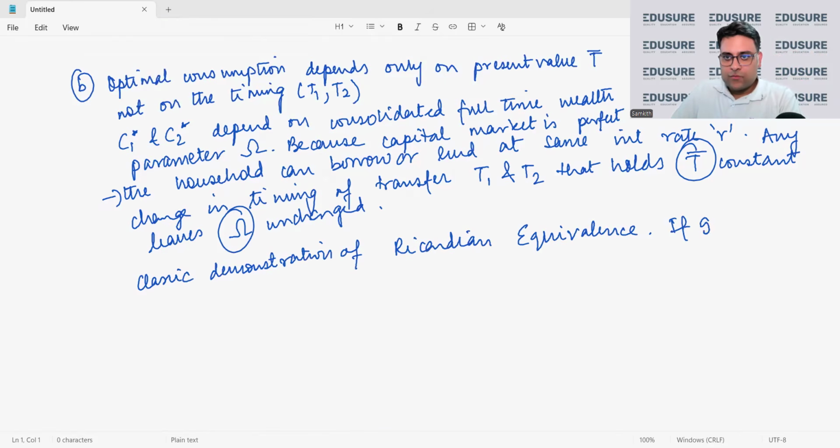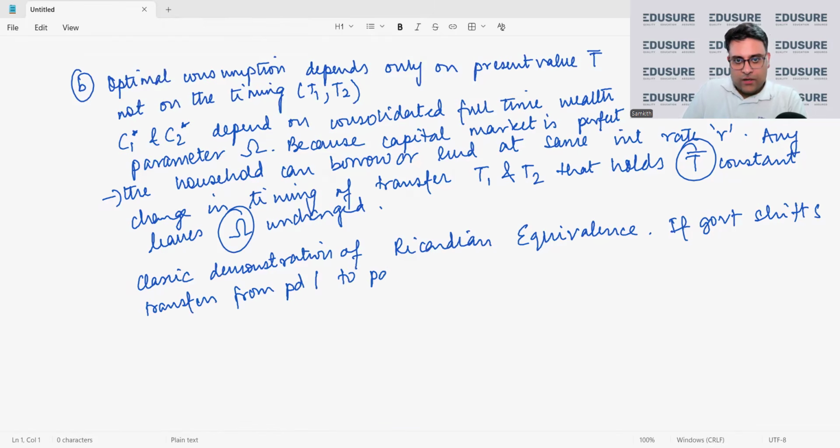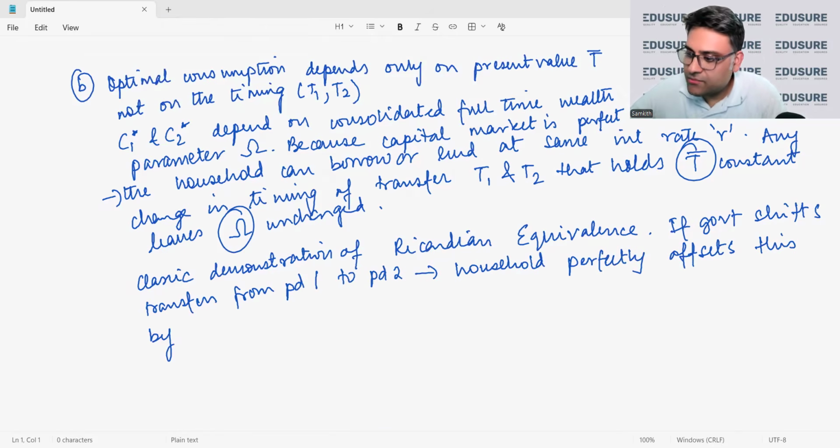If government shifts transfers from period 1 to period 2, household perfectly offsets this by adjusting private savings.